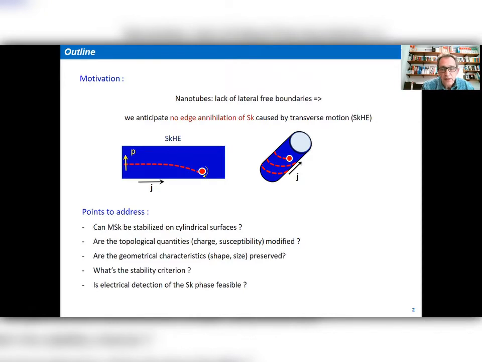The points we address in this talk are first concerned with the possibility of stabilizing skyrmions on these cylindrical surfaces, what happens to their topological quantities and their geometrical characteristics, whether we can define a stability criterion for skyrmions, and if electrical detection is feasible.